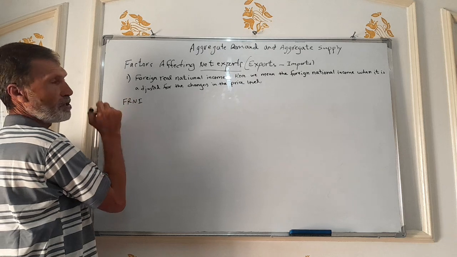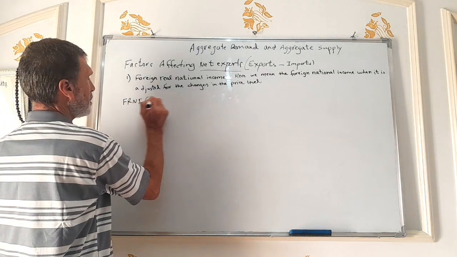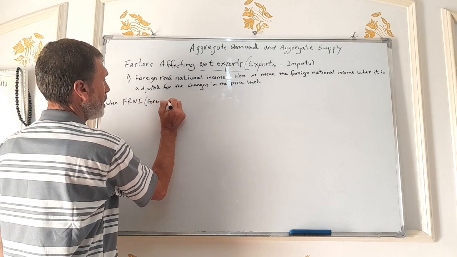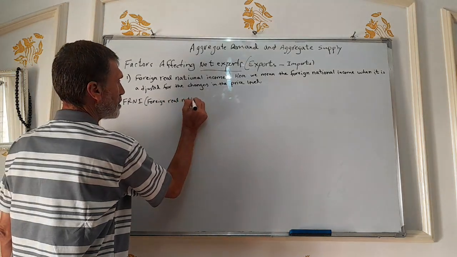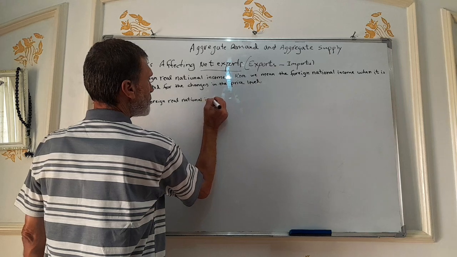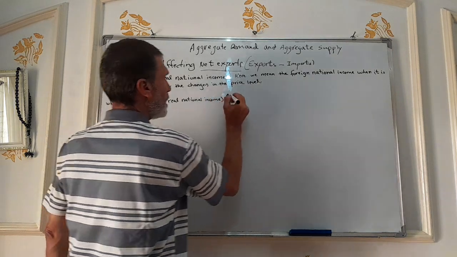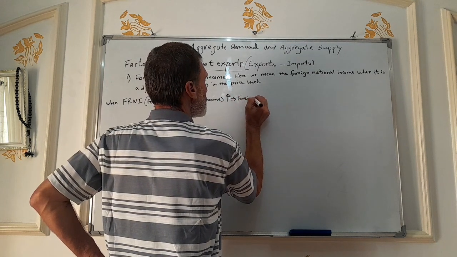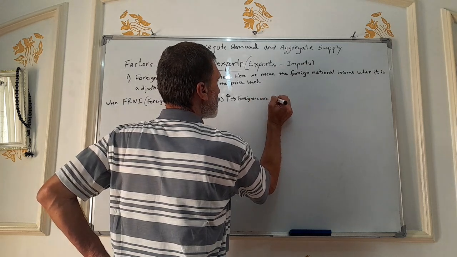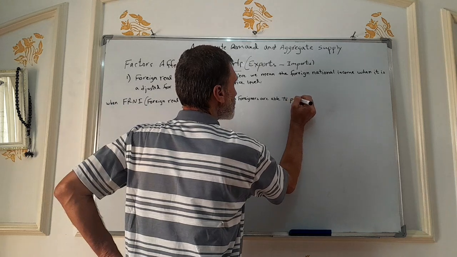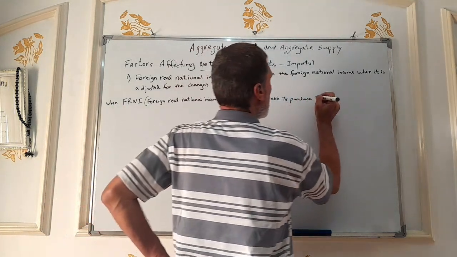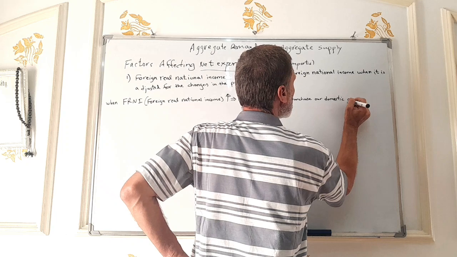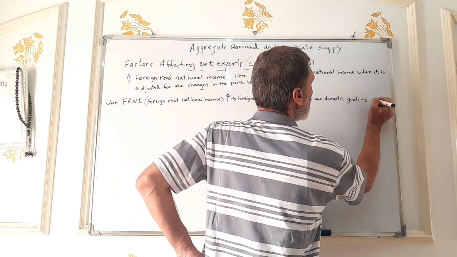So we say that when foreign real national income increases, this implies foreigners are able to purchase our domestic goods, which implies exports increase.